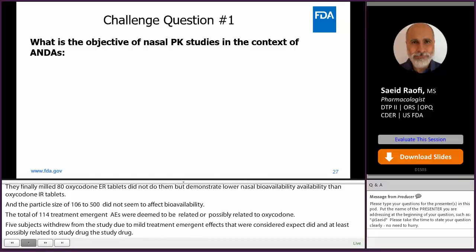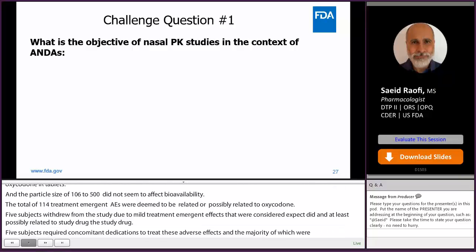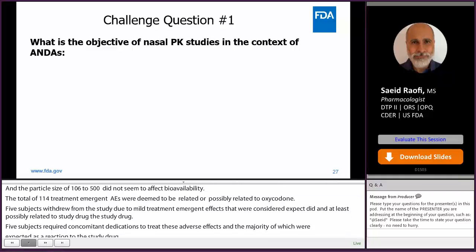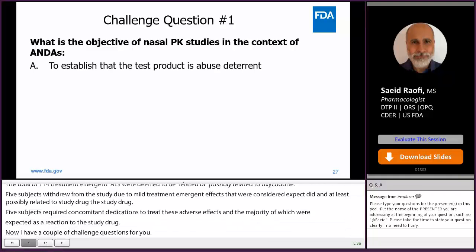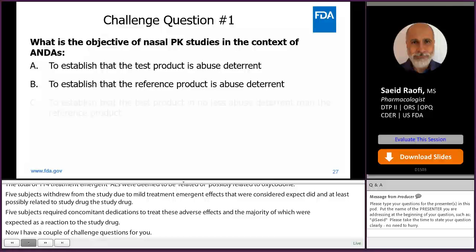Now I have a couple of challenge questions for you. Challenge question 1. What's the objective of nasal PK study in the context of ANDAs? A. To establish that the test product is abuse deterrent. B. To establish that the reference product is abuse deterrent.